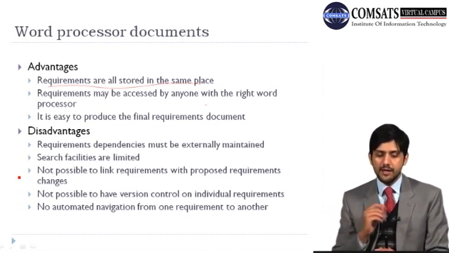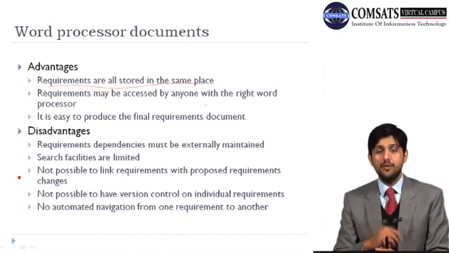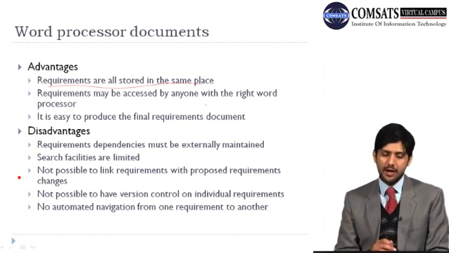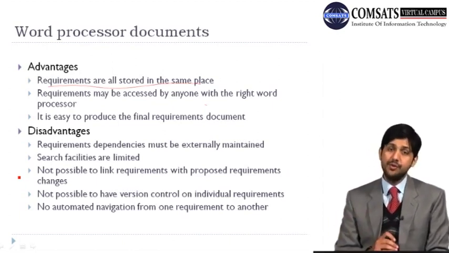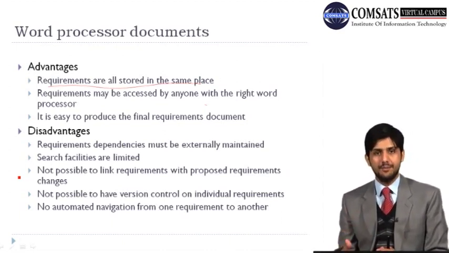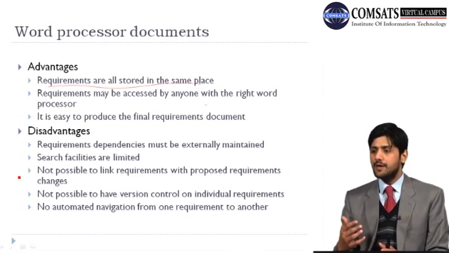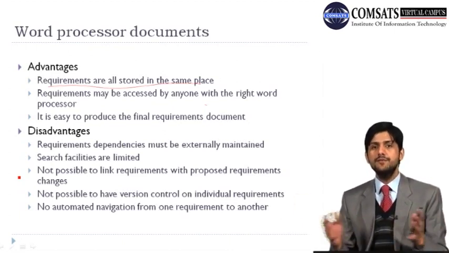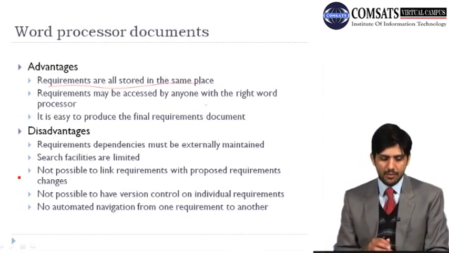It is not possible to link requirements with proposed requirement changes as well. So obviously there are a few things that you cannot do when you are using a word processor to store these requirements. It is also not possible to have version control on individual requirements. For example, you cannot have requirement 1 version 1, requirement 1 version 2. You can have a different version of the whole overall document, but you will not have different versions of one requirement in this document.